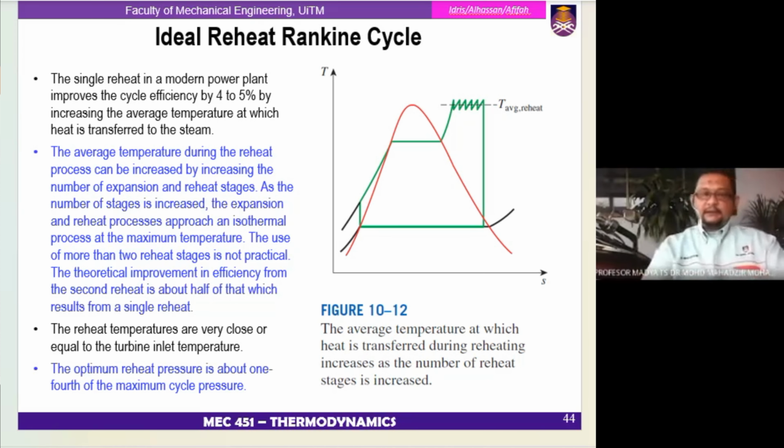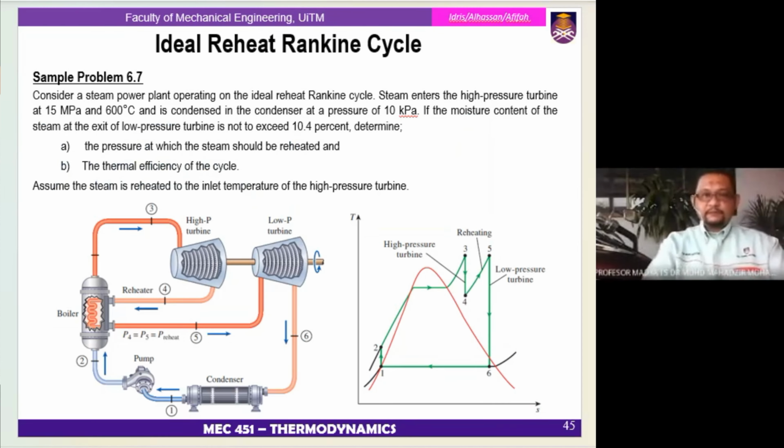Let's see the sample problem. Consider a steam power plant operating in the ideal reheat Rankine cycle. Steam enters the high pressure turbine at 15 megapascal and 600 Celsius and is condensed in the condenser at a pressure of 10 kilopascal.